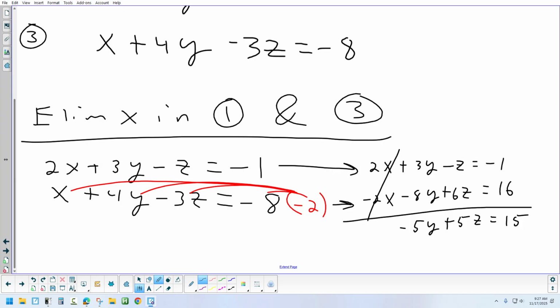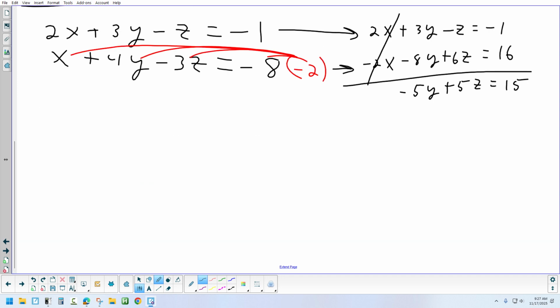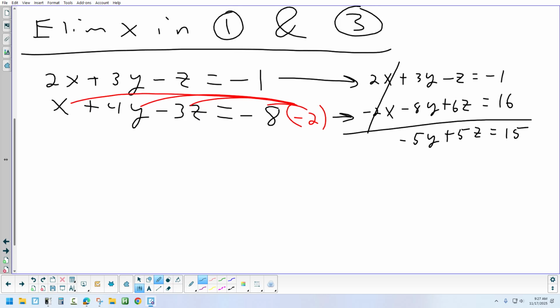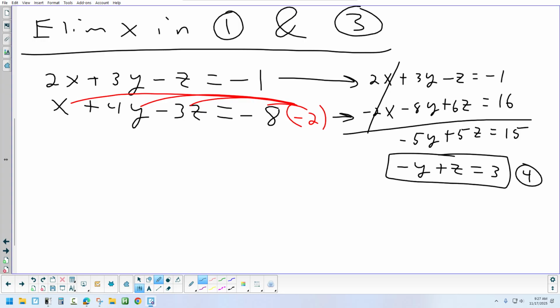So if you notice that everything's divisible by the same number, you can simplify it and make your numbers easier to work with. What would you get if you divide everything by 5 there? -y plus z equals 3. Yep. And I'm going to call that equation number 4.